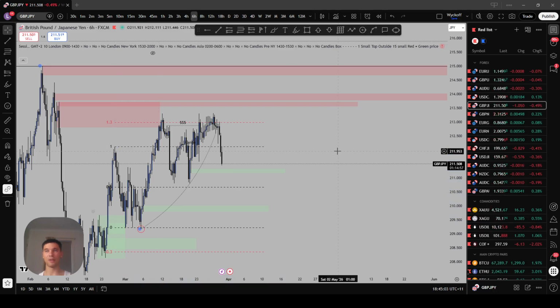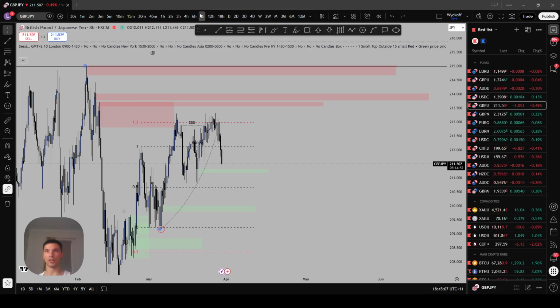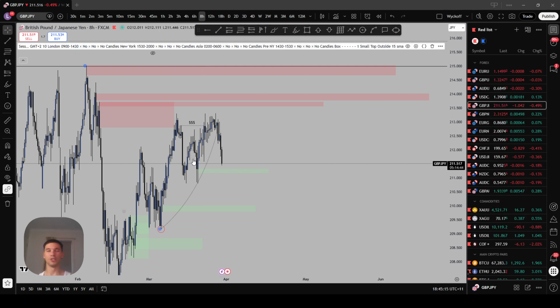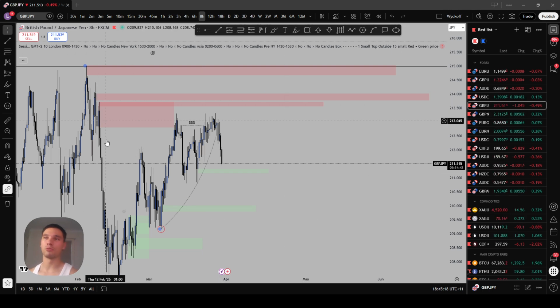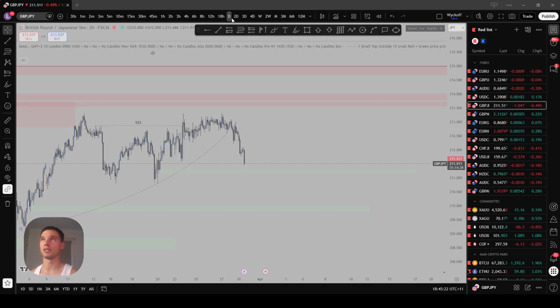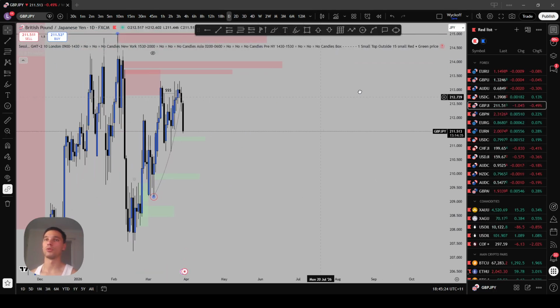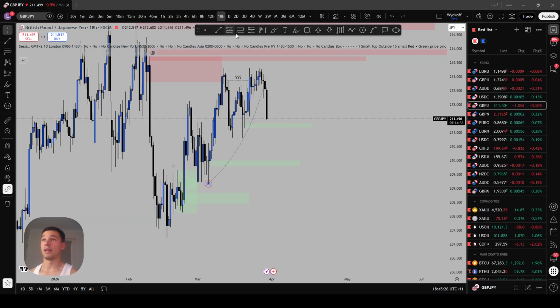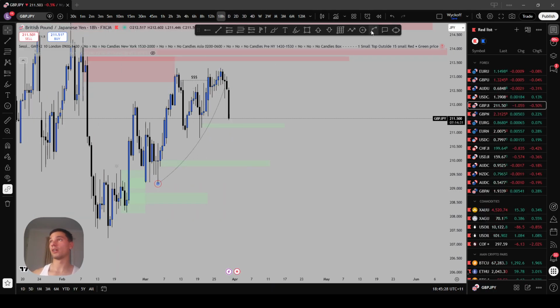Yeah, it is very market structure like. Not a clean one. It's not something I would take, put it that way. It's just too much push. It's really just dragging out this range, and it does look like market structure. If I was to draw structure, this does not look like a ranging environment.